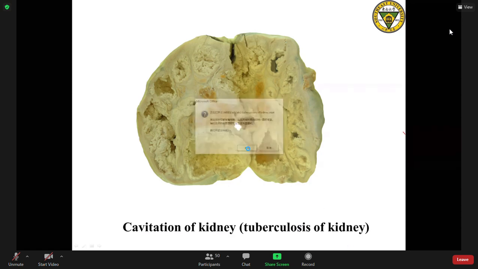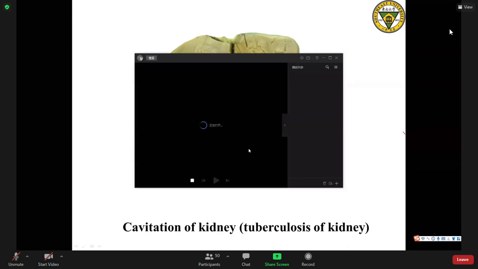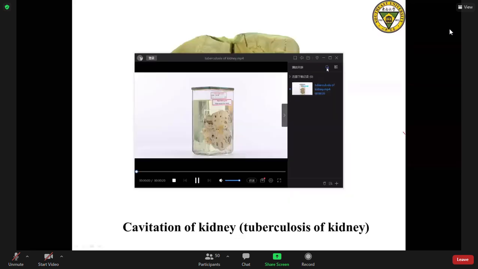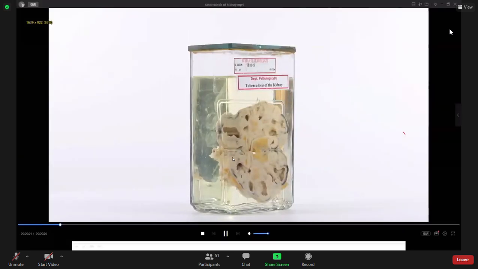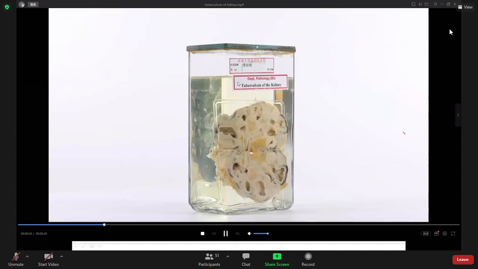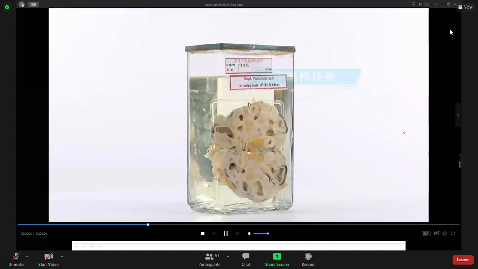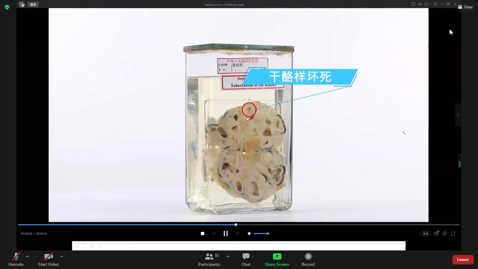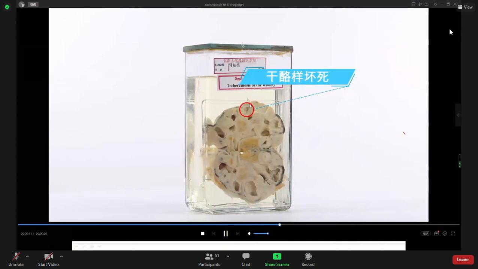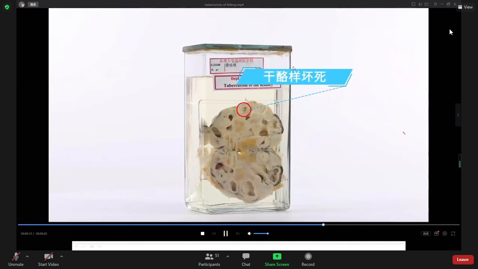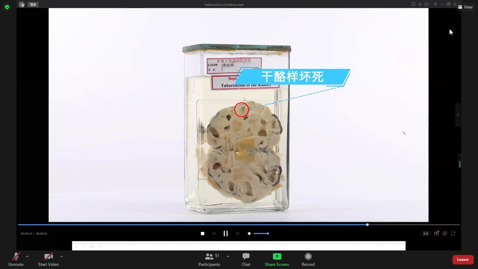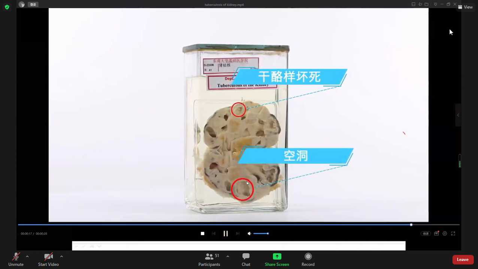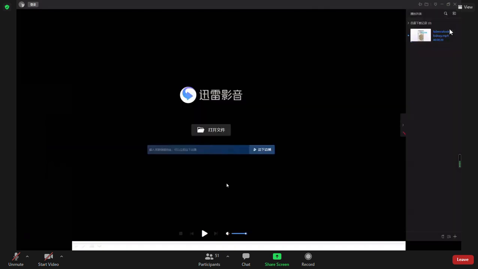We also have this video. It's also kidney. Tuberculosis of kidney, more cavities. So maybe caseous necrosis, and when liquefied, it remains a cavity, like this one.